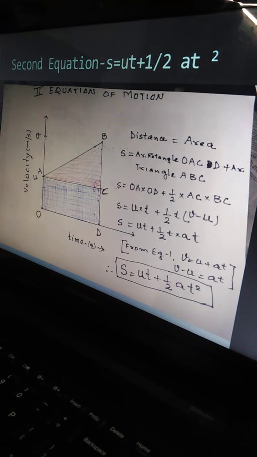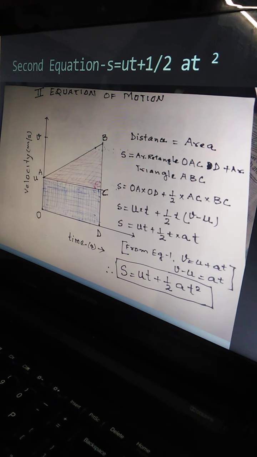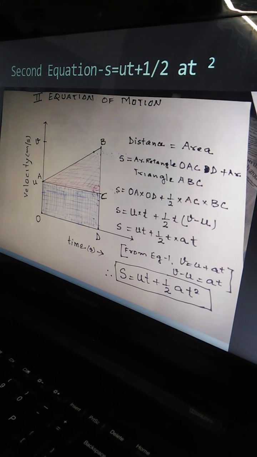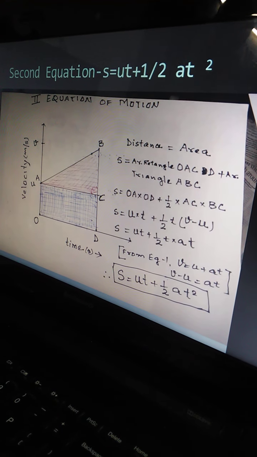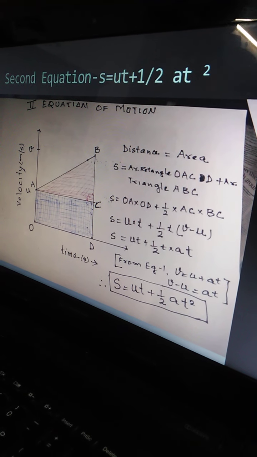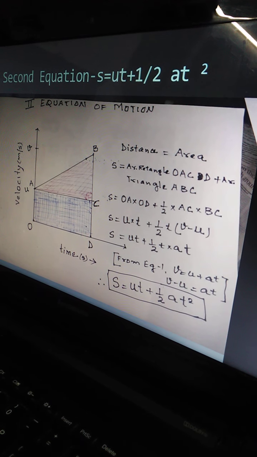Now, that is a catch. Now what to do with v minus u? We don't want to use this v minus u. So simple transposition, what they have done: from equation 1, v minus u will give you at. So put the value there.